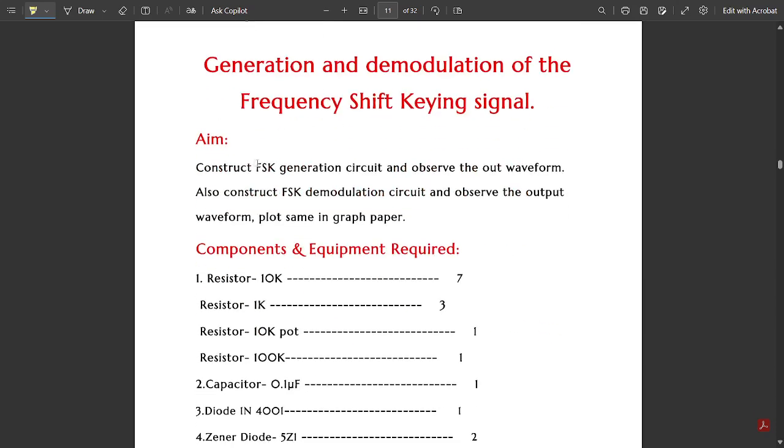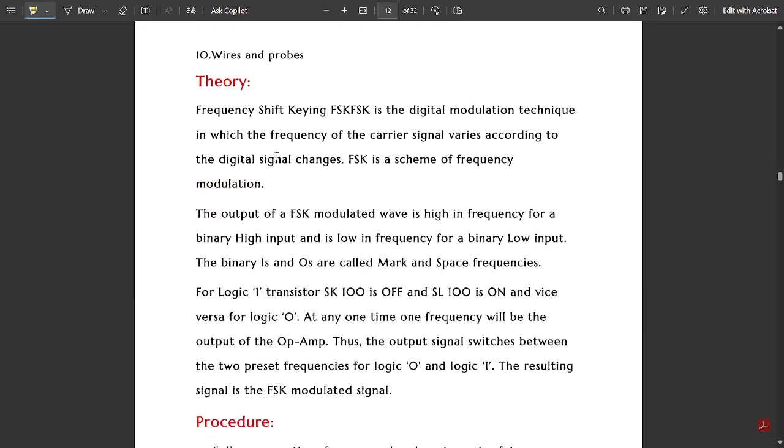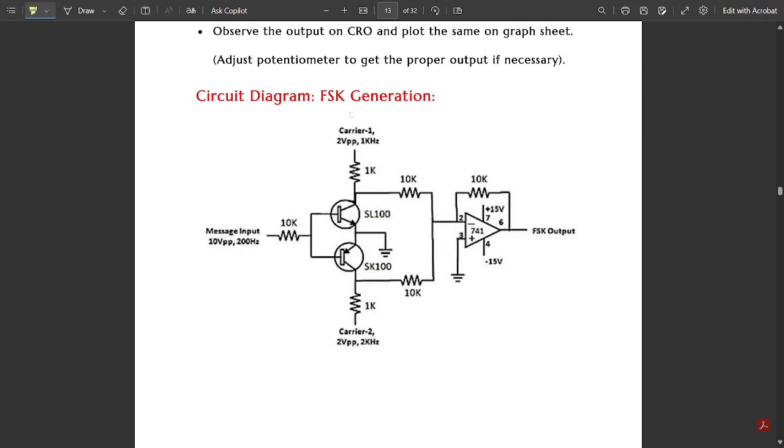Next is FSK. Aim, components required, all of them, theory, procedure. In this circuit diagram, you can observe we have two carriers, one high frequency carrier and one low frequency carrier. Again, the two bases are shorted, and the digital message input is given through a 10 kilo ohm resistor. Why are we using two carriers? Because there are two transistors.